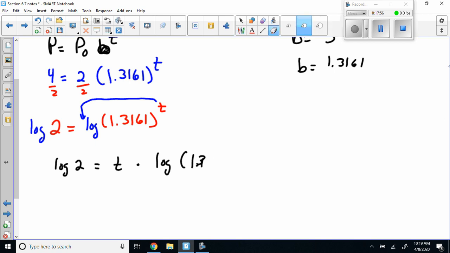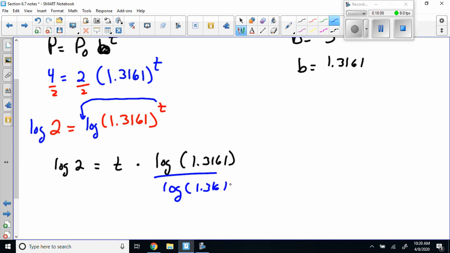Well, let me do this. And then we're going to divide both sides by the log of 1.3161. And what that's going to do is cancel.